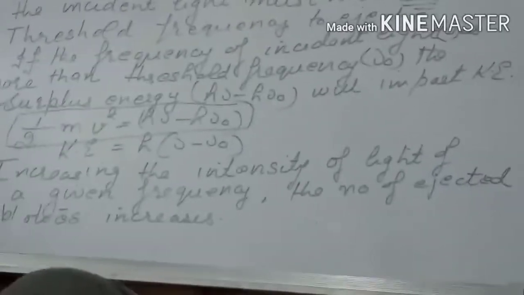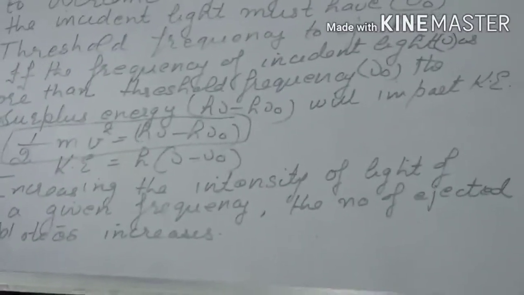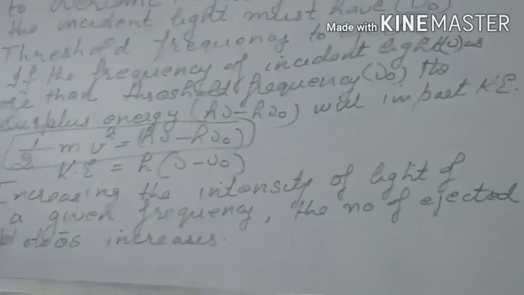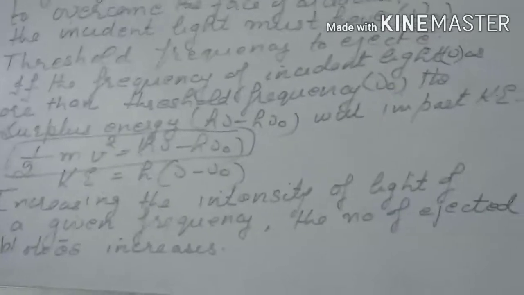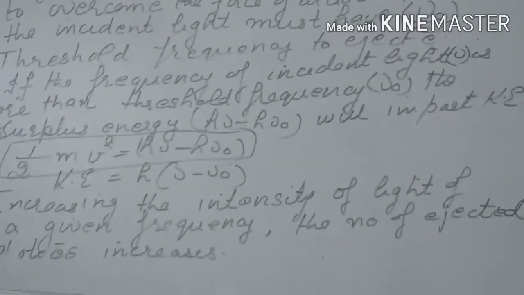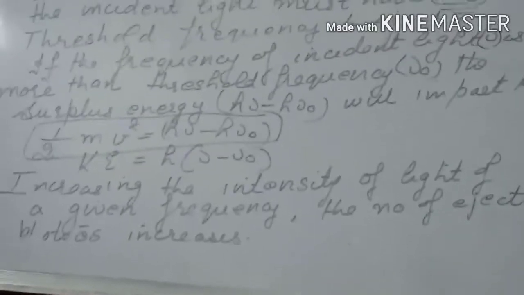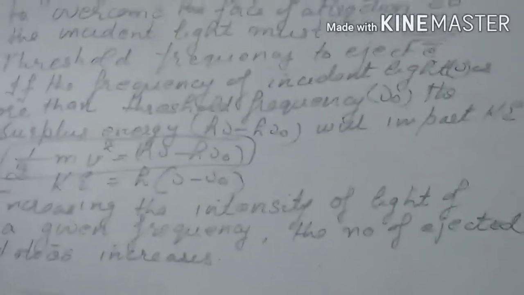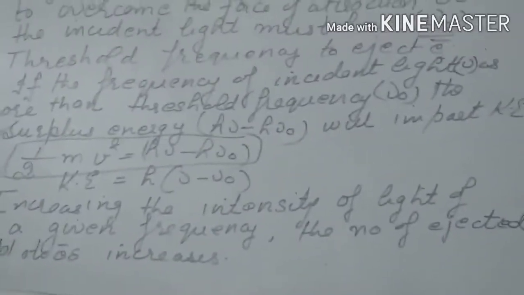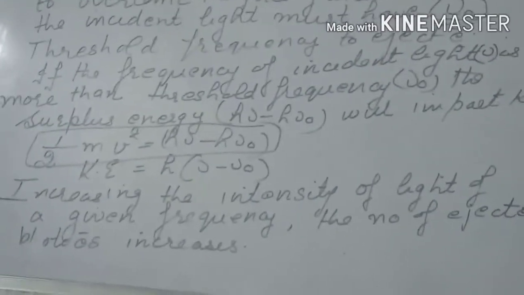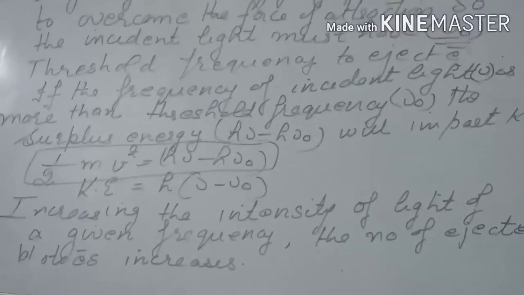With increasing intensity of light of a given frequency, the number of photons will increase, but there will be no increase in the energy of a photon. Hence, when the intensity of the light is increased, more electrons are ejected, but the energies of these electrons are not altered. So, this is the explanation of the photoelectric effect on the basis of quantum theory.